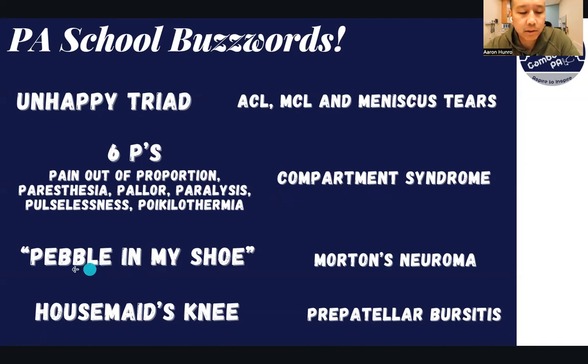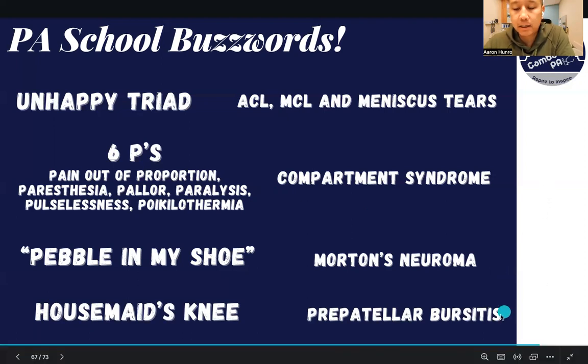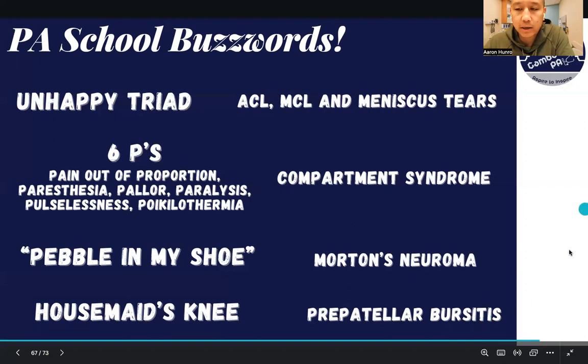And then for patients complaining with the sensation of a pebble in their shoe, that's typically associated with a Morton's neuroma. And it's mainly in women who wear heels on a daily basis, or just throughout their whole entire life. And then housemaid's knee is prepatellar bursitis. So we'll go ahead and talk about that and how we get that.